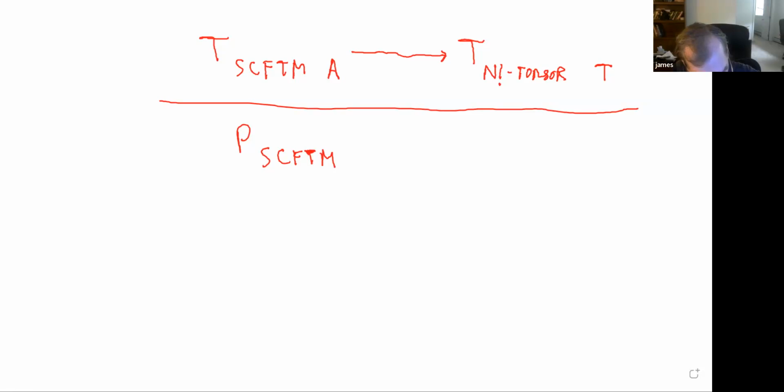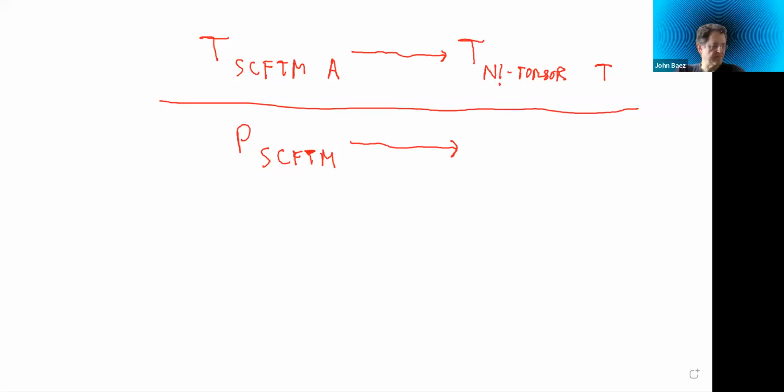And okay, but I notice I'm also being a little bit sloppy here, because we could take the underlying prop of the theory on the right. And maybe that sort of makes sense, but it's a little bit unwieldy because it's a big prop. It's got lots of objects, more than a proper class of objects or something like that.